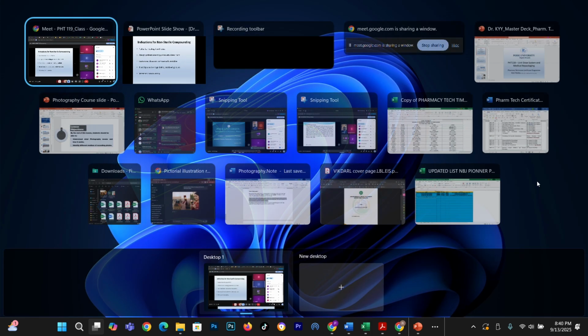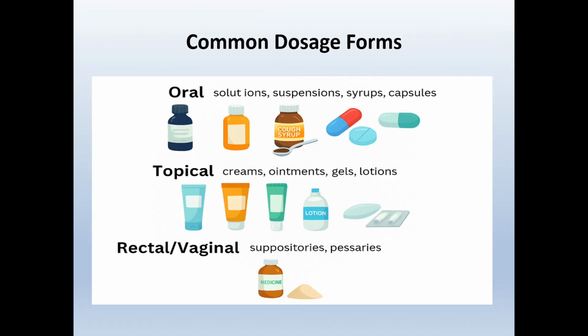Next slide, please. Okay, so in this next slide, what I just tried to do is put together something you can relate with pictorially for us to look at and see that when you do compound, non-sterile compounding would normally revolve around these routes of administration, and these are some common examples of what you have when you do non-sterile compounding.